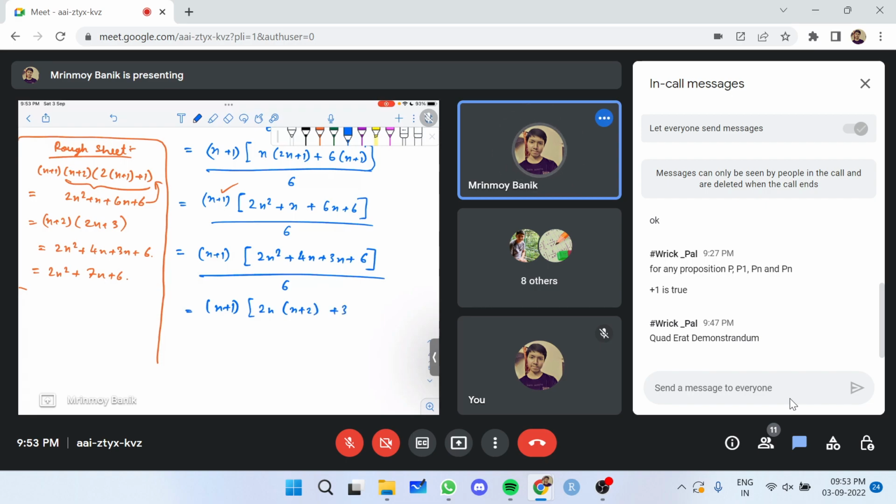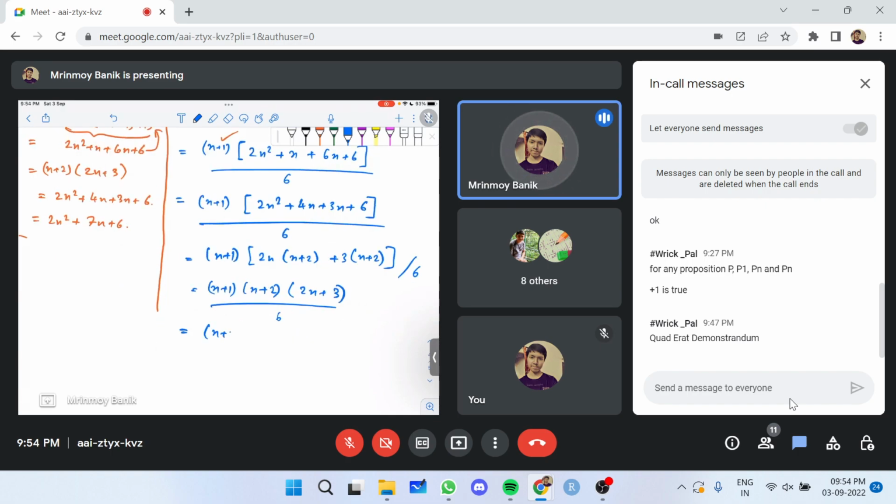Take common 3, n plus 2. And we get n plus 1 times n plus 2 times 2n plus 3. You add one last step, taking 1 inside the bracket, plus 1 by 6.